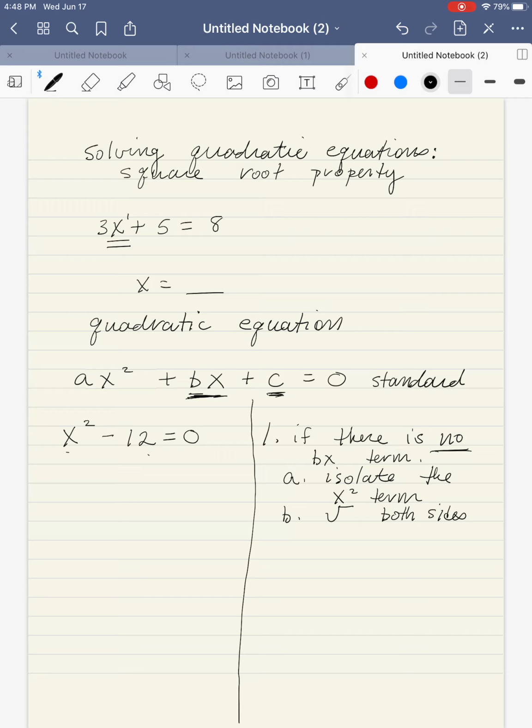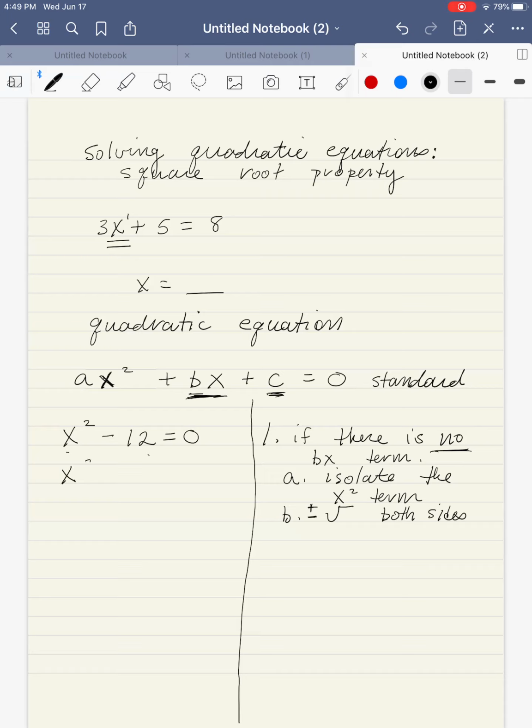But we're going to see with a quadratic equation, we usually have two answers. Sometimes you have one answer that's repeated. So we're going to have the positive value of that number and the negative value of that number. For instance, 2 squared is 4, but also negative 2 squared is 4.